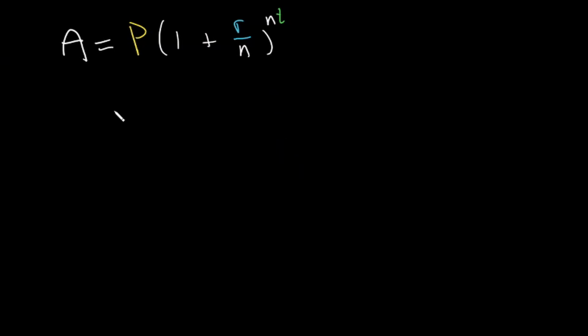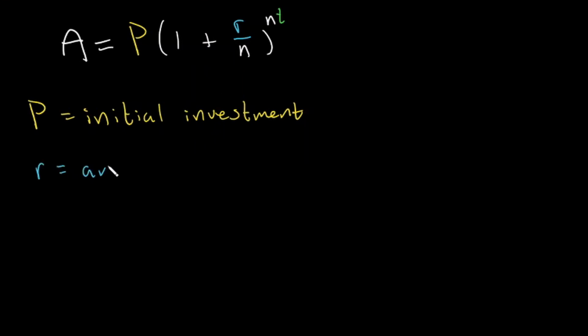So let's break this formula down. P is going to be our principal, which is our initial investment. And then this part, 1 plus r divided by n. R is going to be our annual interest rate. Now it has to be annual because n is going to be the number of times it is compounded in 1 year. Because compound interest doesn't just have to add interest annually.